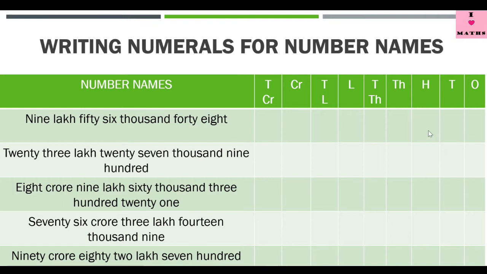Since there is no 100, we are going to put a 0 in hundreds column. Let's see. 9,56,048. Okay.